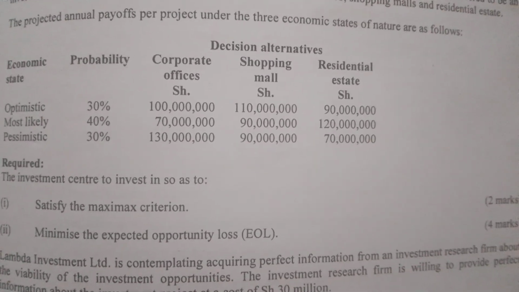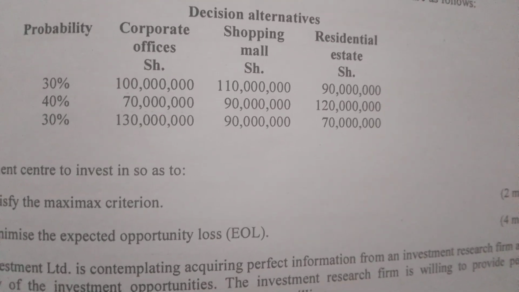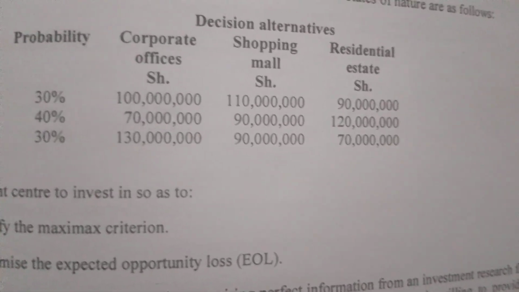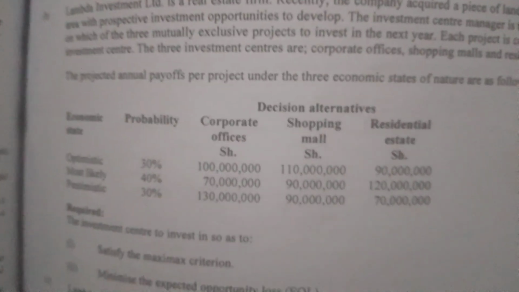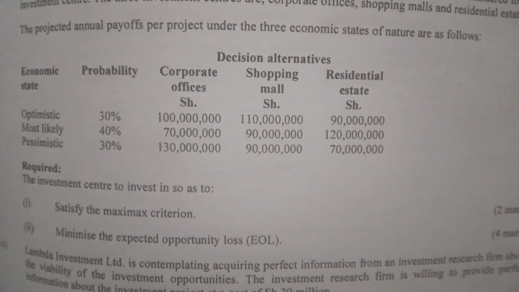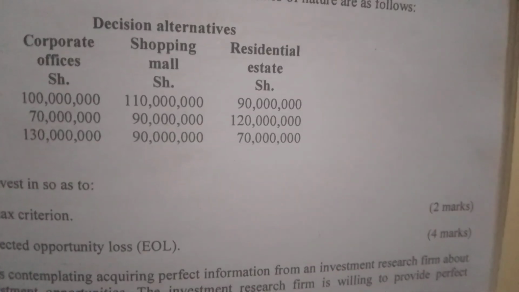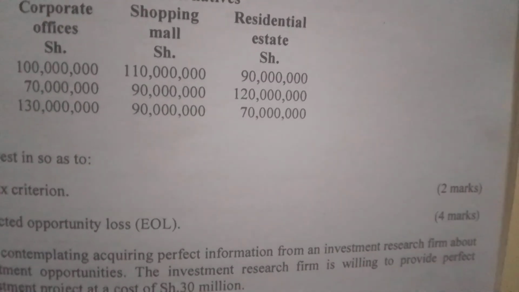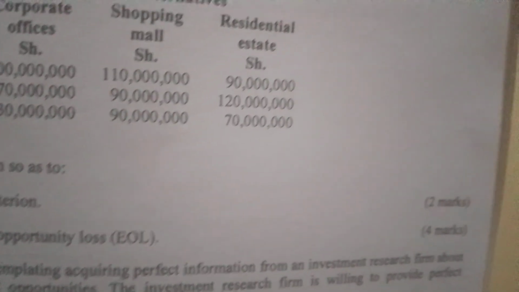You're just multiplying the probability with those decision alternatives downwards, and you sum them together. For shopping mall, 0.3 times 110 plus 0.4 times 90 plus 0.3 times 90.